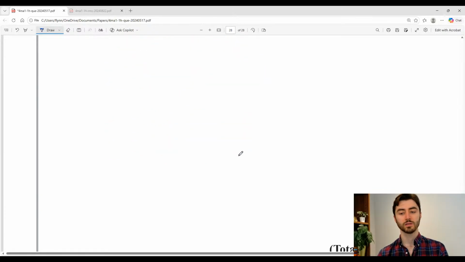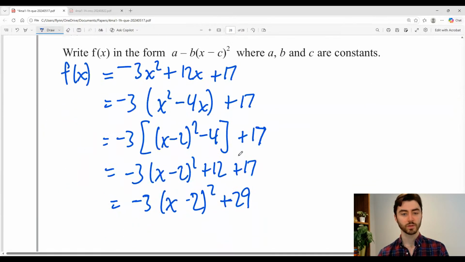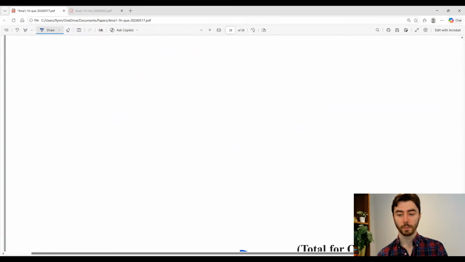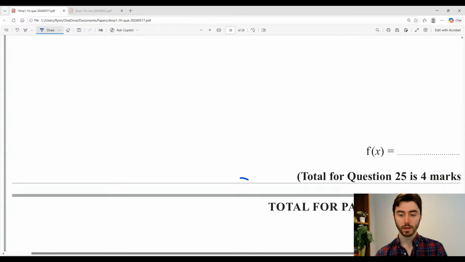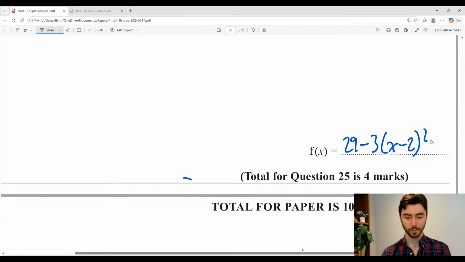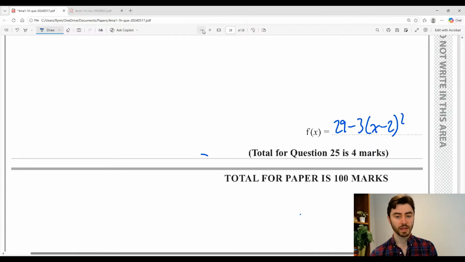So then the answer becomes 29 minus 3 lots... hold on. So 29 minus 3 lots of x minus 2 all squared. Okay, that's the end of the paper.